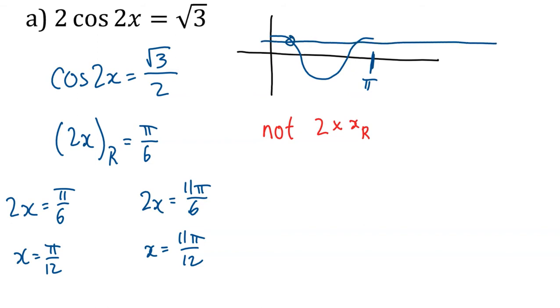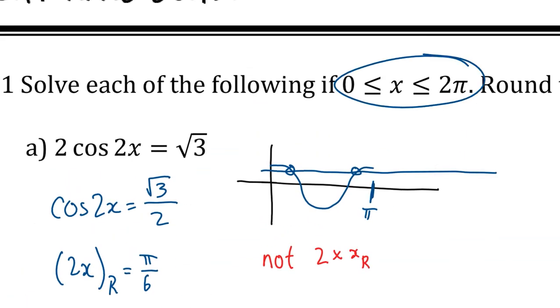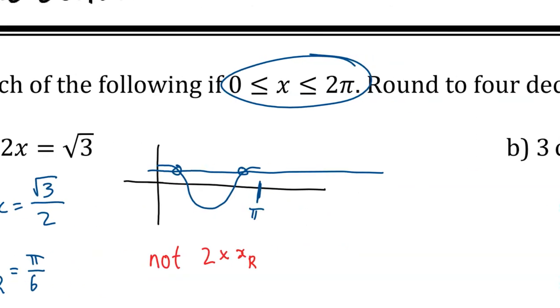And I found these two answers, because 11 pi by 12 is less than pi. Do you agree? It didn't say to solve up to pi. It said to solve up to 2 pi. Where are those?